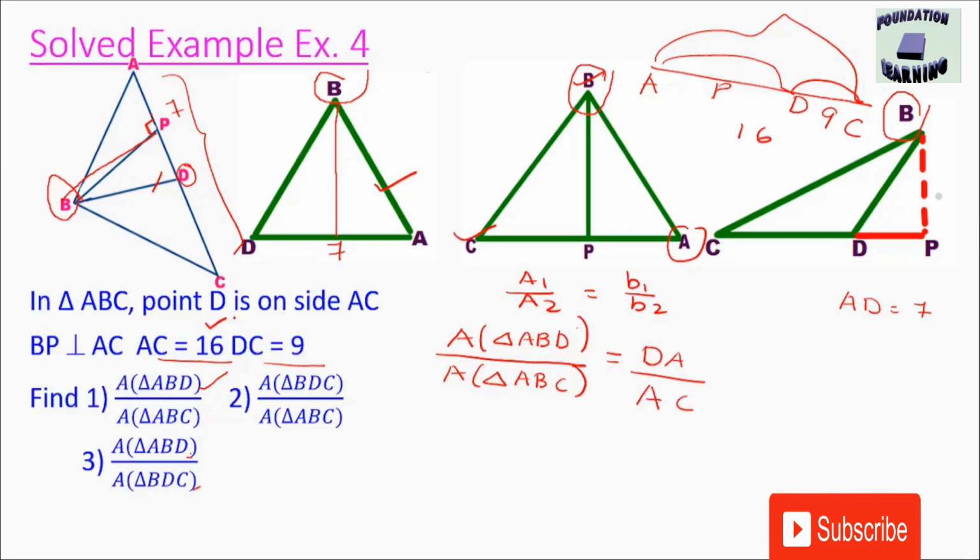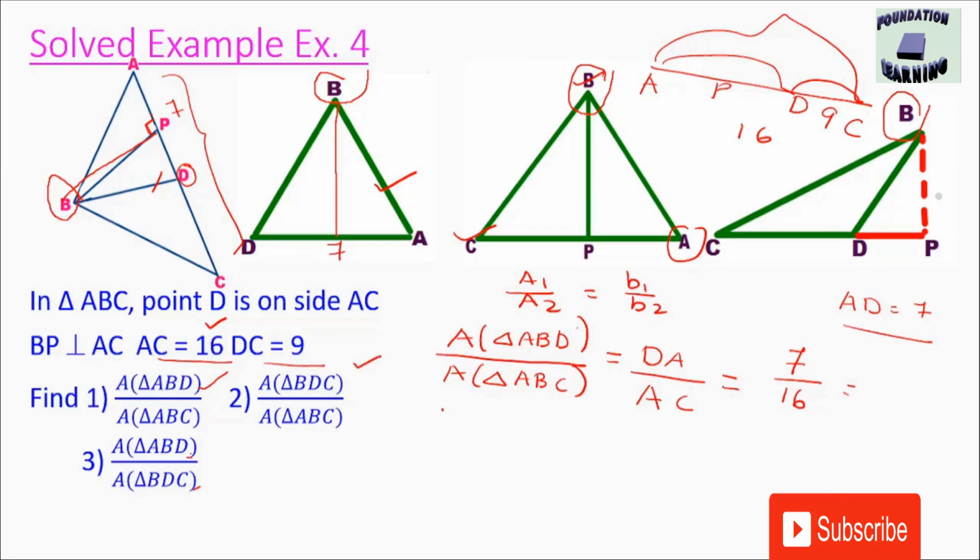AC is given as 16, so there is no problem. DA we have found, or AD we have found, as 7, and AC is given as 16. So the first ratio will be 7 upon 16, found using the formula A1 upon A2 is equal to B1 upon B2.